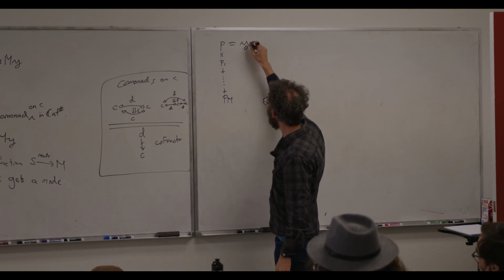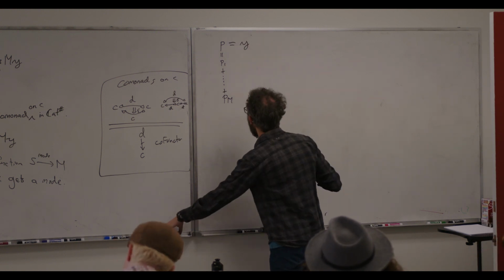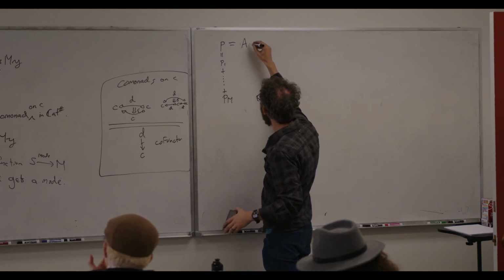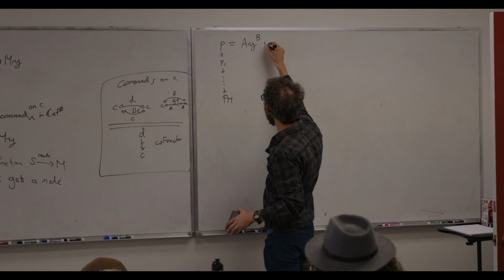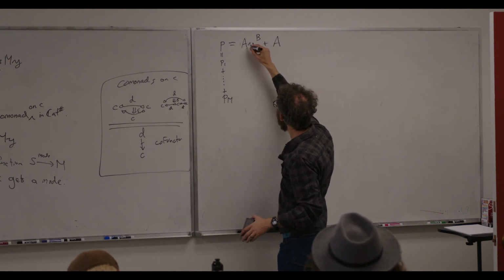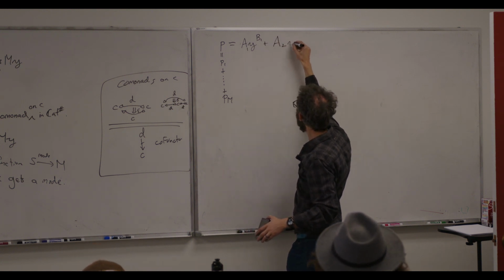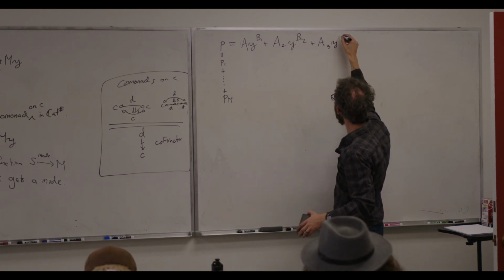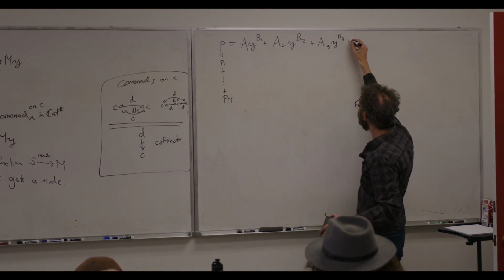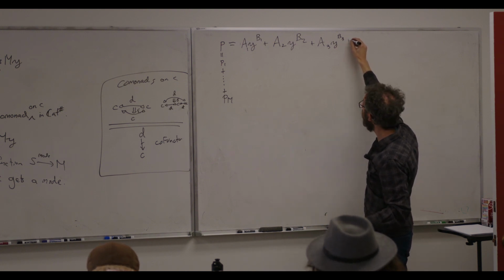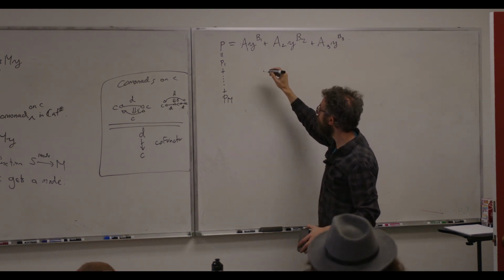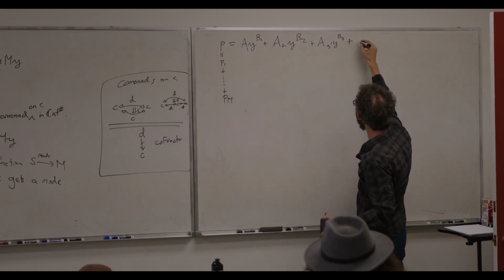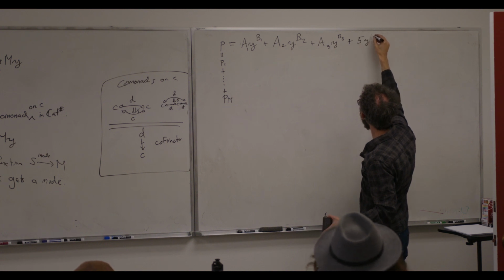Let's say P was like a y to the b plus a2 y to the b2 plus a3 y to the b3, whatever. Well, each one of these could have been one of the modes. Yep. Plus 5y to the 7th, whatever.